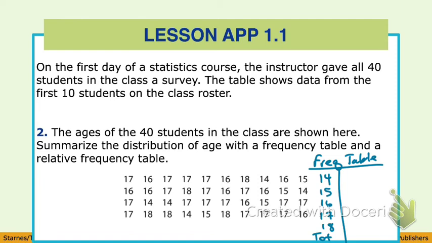So for 14, I have 1, 2, 3, 4, 5. For 15, 1, 2, 3, 4. For 16, 2, 3, 4, 5, 6, 7.